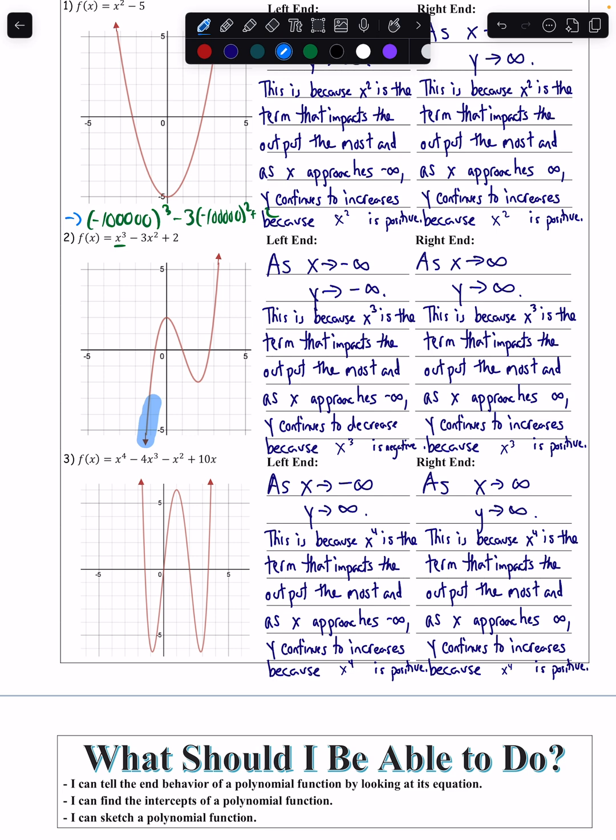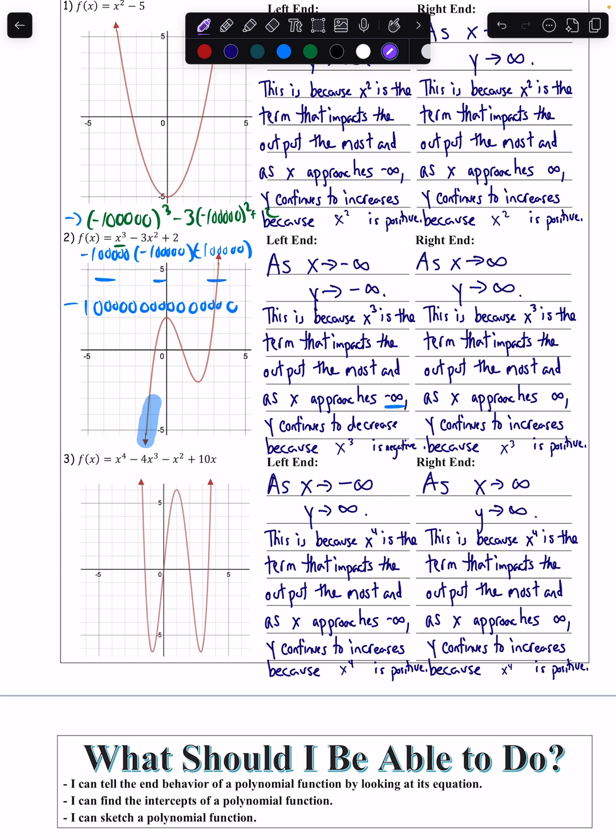As x is close to negative infinity, what happens to negative 100,000 times negative 100,000 times negative 100,000? It's a negative times a negative times a negative, so you get a very small negative number. That's going to make our y very low and very negative. So the y is going to approach negative infinity.